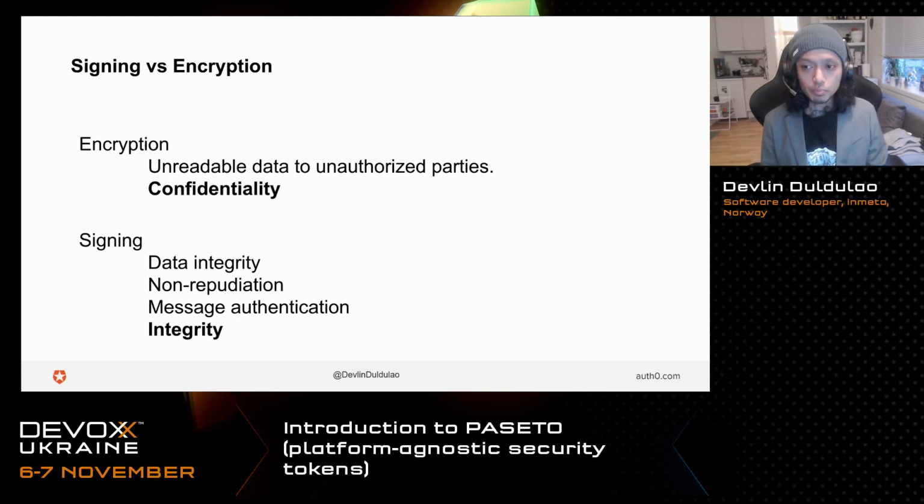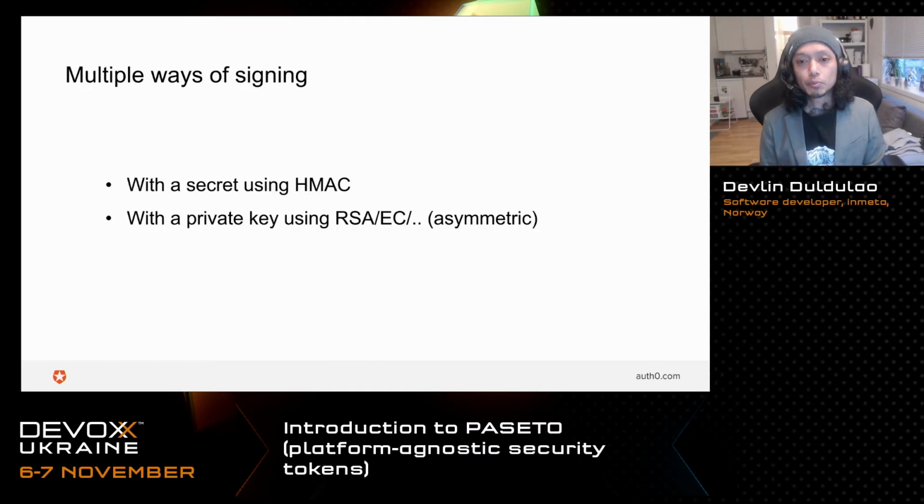And there are also multiple ways of signing. Here we have one with a secret using HMAC, and another one with a private key using RSA, which is asymmetric. So yeah, these are the ways of signing.